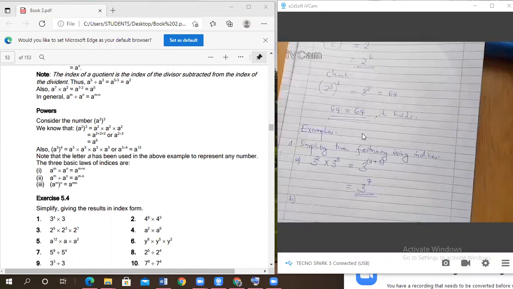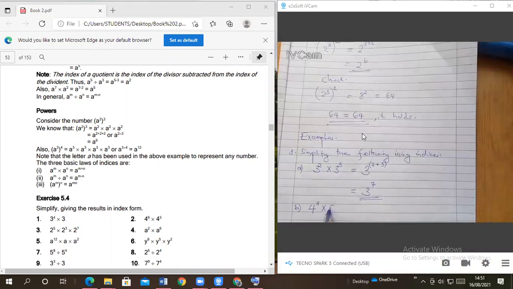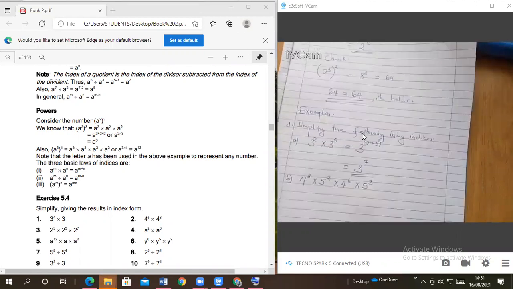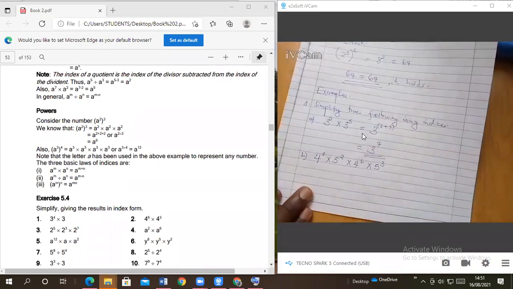B. I have 4 to the power 3 times 5 to the power 2 times 4 to the power 6 times 5 to the power 3. What are we going to do here?